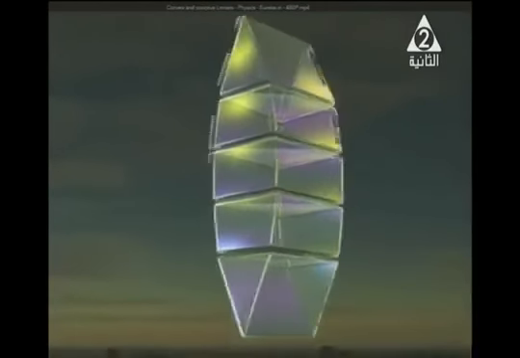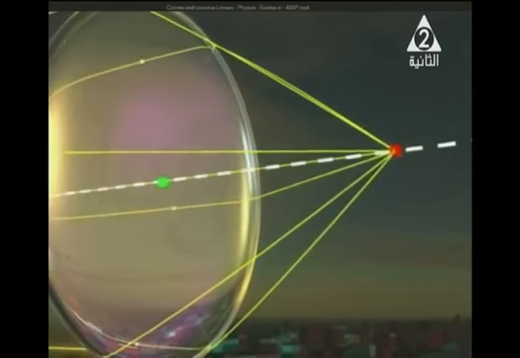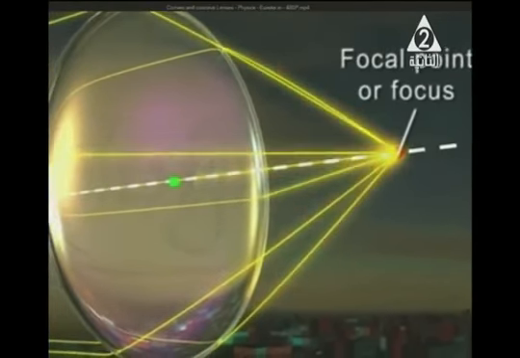All light rays which pass through the convex lens will refract and converge to form the real focus. This is the real focus of the lens. And this is the distance between the optical center of the lens and the focus, which is known as the focal length of the lens. These are two lenses. One is thick and the other is thin.